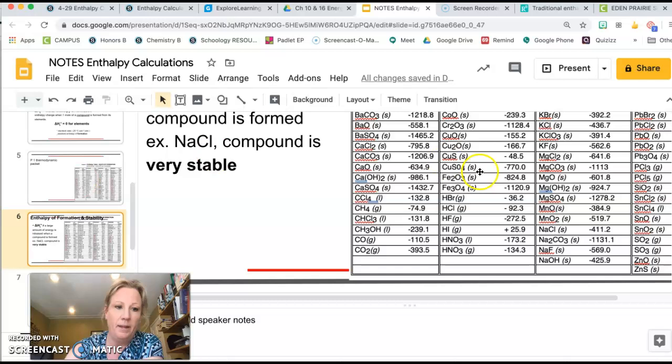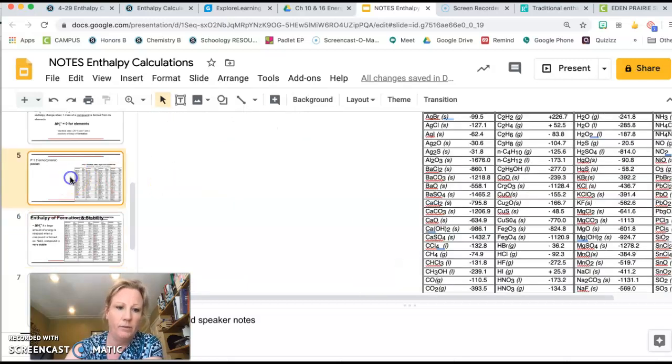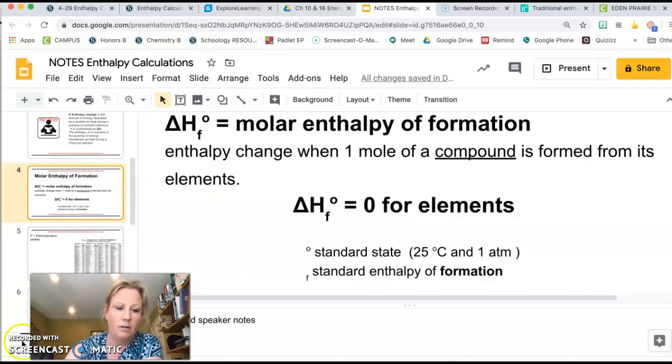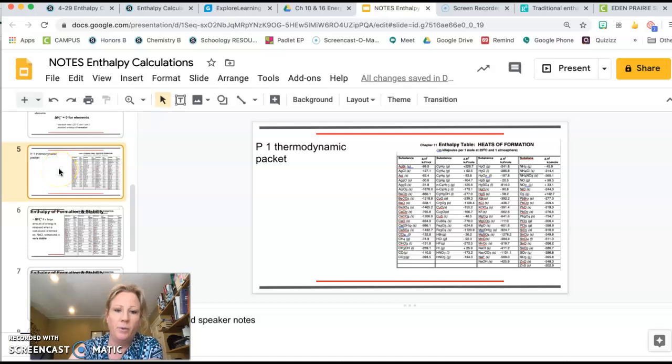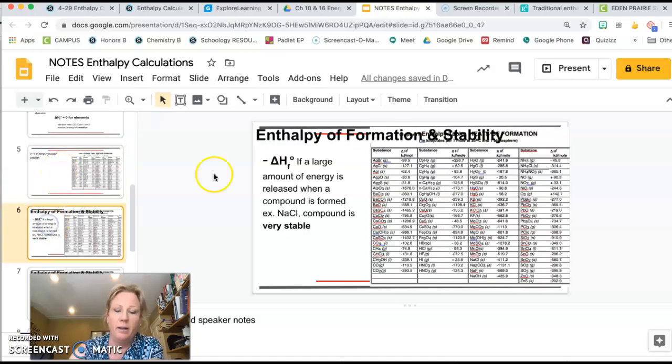So one thing, when using page 1 of your thermodynamic packet, if you find that a substance has a negative delta H, that's the amount of energy that's going to be released when 1 mole of that compound is formed, and it's an exothermic process. The larger it is and the more negative, the more stable that compound is.